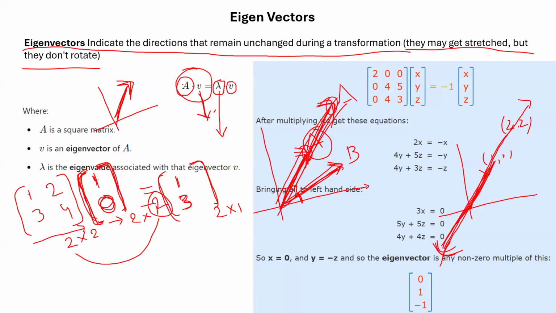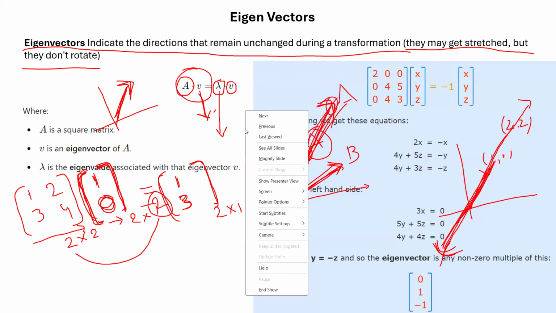So A, when multiplied with the eigenvector V, the resultant will again be the eigenvector multiplied by a constant. Lambda will always be a constant. It cannot be a vector. So that means the vector is getting just stretched or compressed, but the direction is always remaining the same. So this vector and this vector are the same. The direction will always be in the eigenvector's direction. That is what eigenvectors actually means.